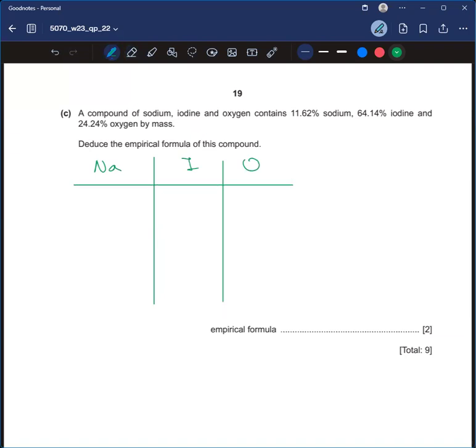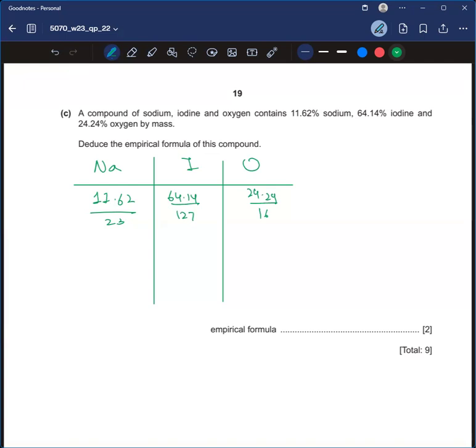Firstly, we have to divide the percentage of each individual element by its atomic mass. For sodium it would be 11.62 divided by 23. For iodine, 64.14 divided by 127. For oxygen, 24.24 divided by 16.